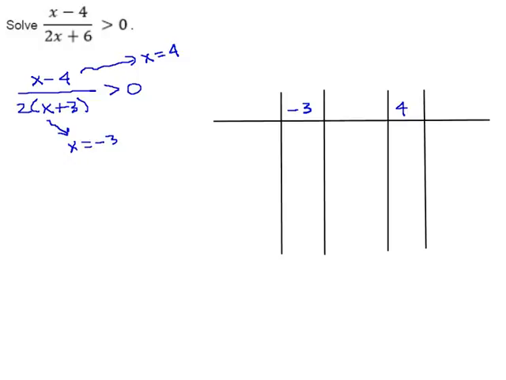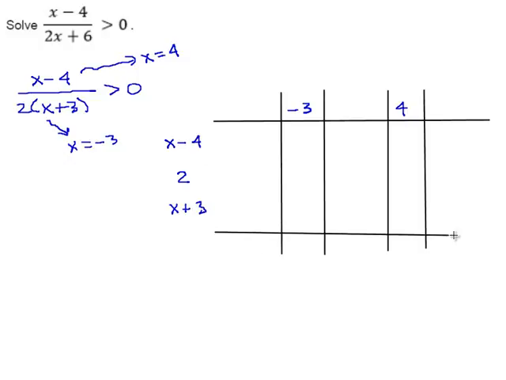Now, the factors we have to look at are x - 4. Technically we have 2. We often skip factors like 2, and you'll see why in a minute, but I'll put it in. It's fine to put it in the list. And we have x + 3 as one of our factors. So we'll do all of those independently.